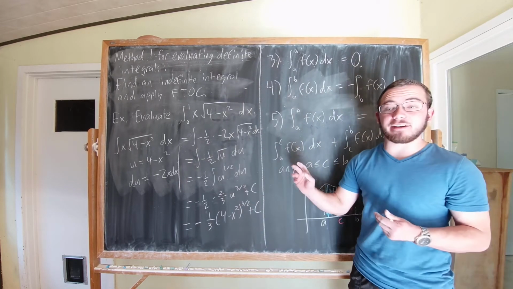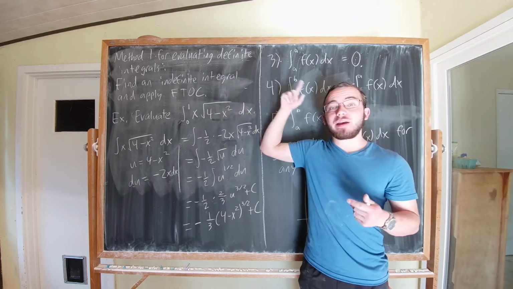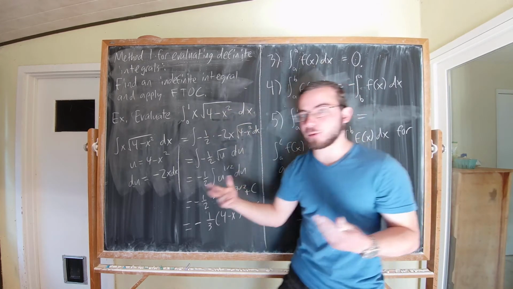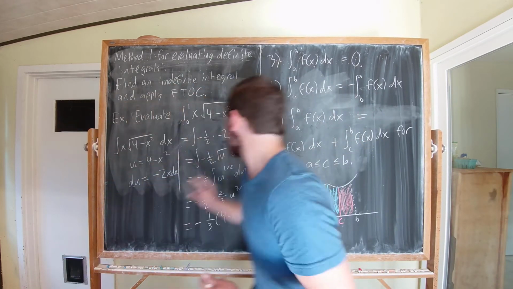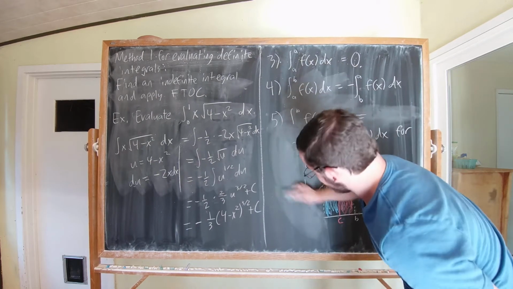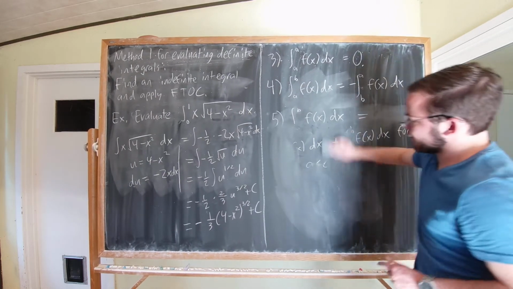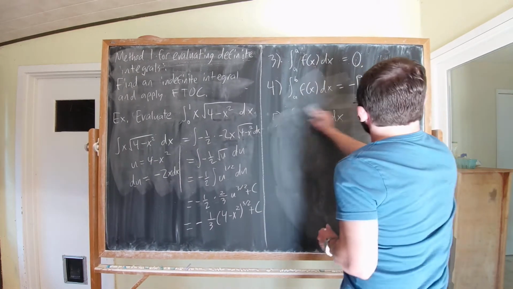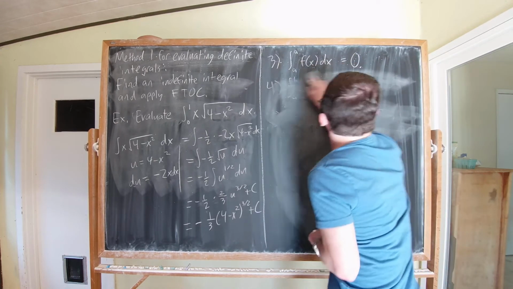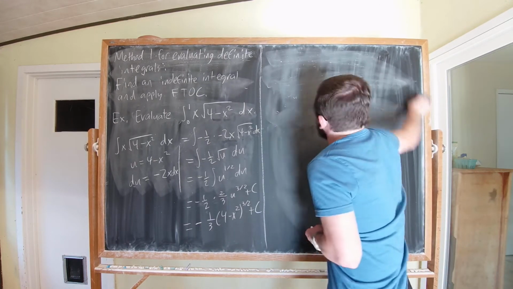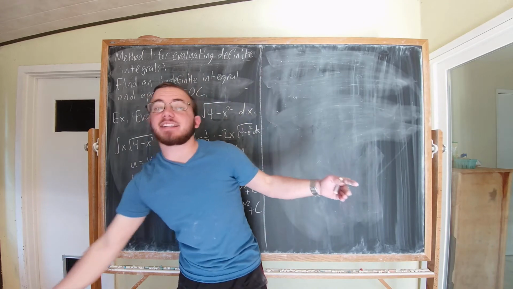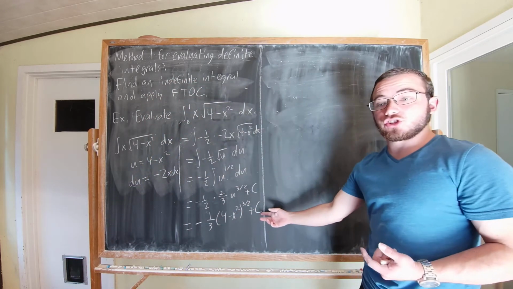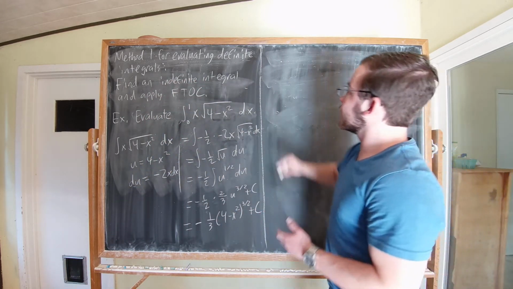That's our indefinite integral, but we want to evaluate this definite integral. So now what we're going to do is apply the fundamental theorem of calculus, which says that you can choose any antiderivative you want. So we'll just choose c is equal to 0.